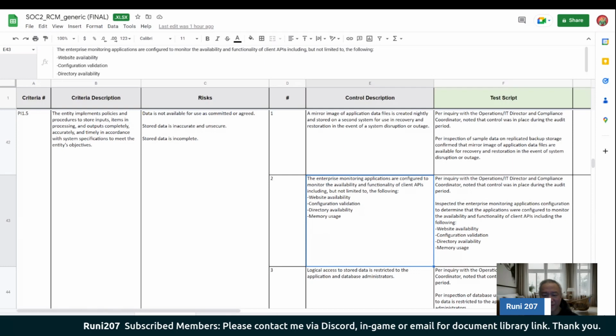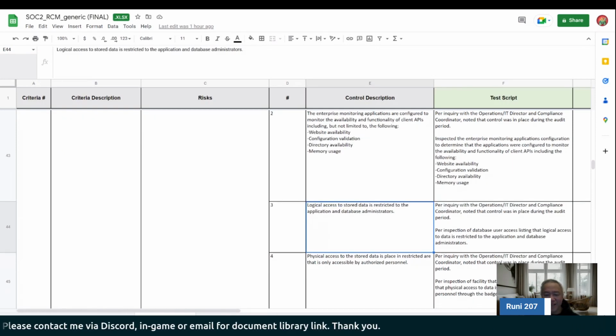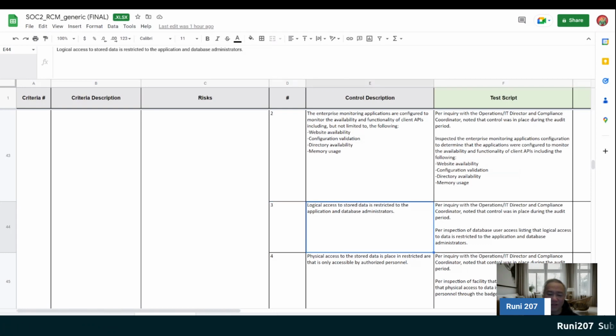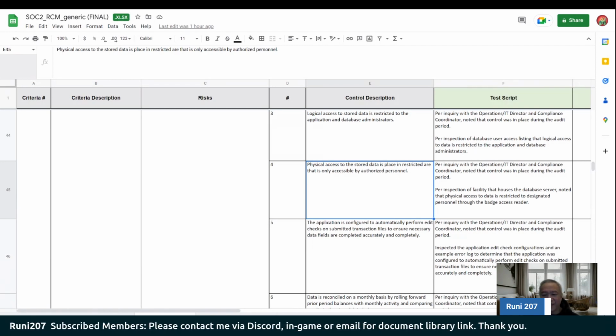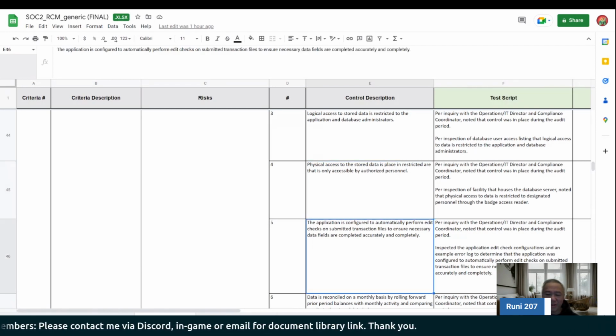The monitoring piece of it, the usage: the logical access to stored data is restricted at the application and database level, not just at the infrastructure or OS level, because at the end of the day, at times you can bypass that straight to the application and the database. Physical access to the stored data is properly restricted and authorized.